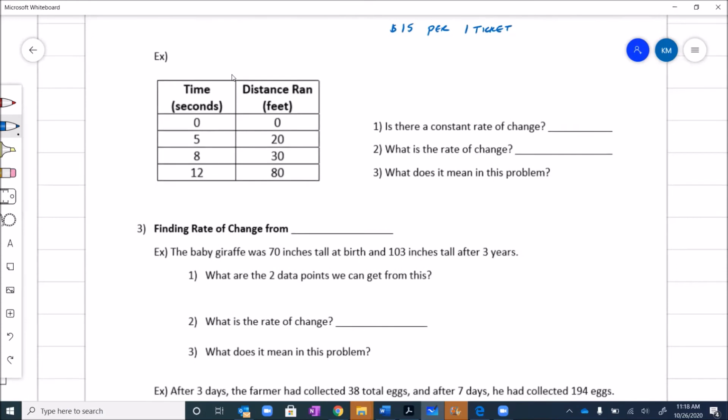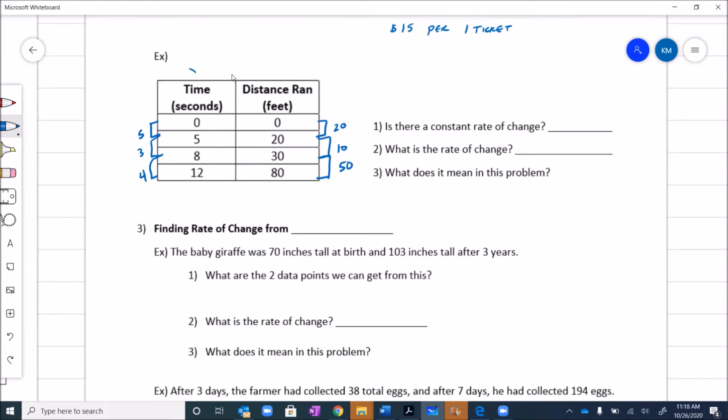So we look here. 5, 3, 4. Notice that all these are different. 20, 10, 50.